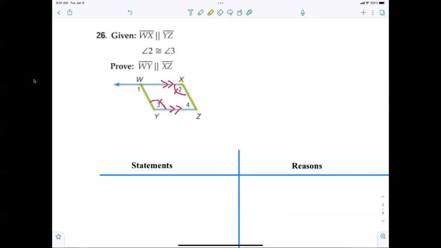And saying that like 2 and 1 were corresponding. I don't know if that still works. You're right. You can't. You see what I'm saying, right? So try something else.